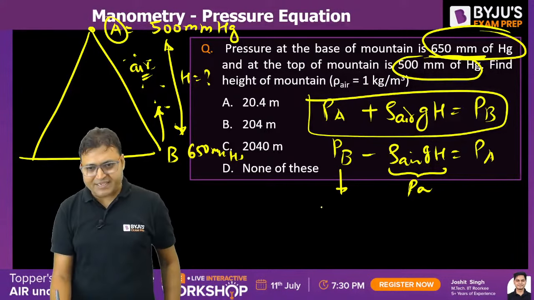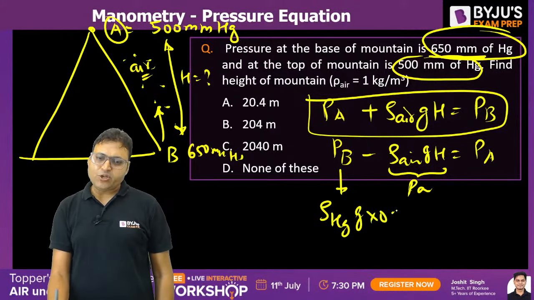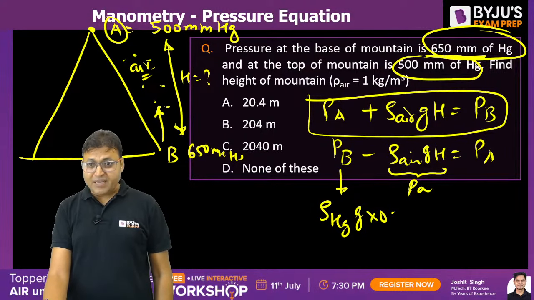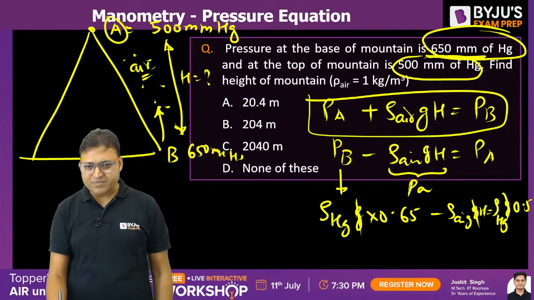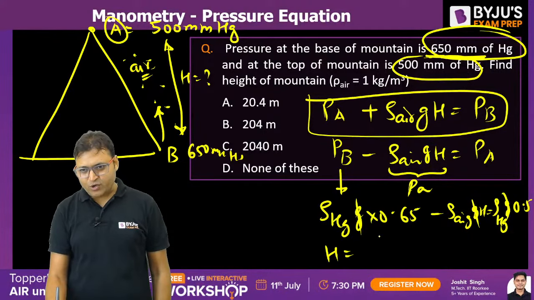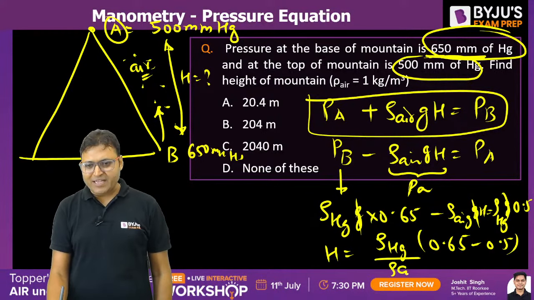So PB is density of mercury into G into 0.65 at point B, minus density of air into G into H is equal to rho of mercury into G into 0.5. So G getting cancelled out from each and every term. So H will be equal to density of mercury into (0.65 minus 0.5) upon density of air. That will give you the answer in meter.